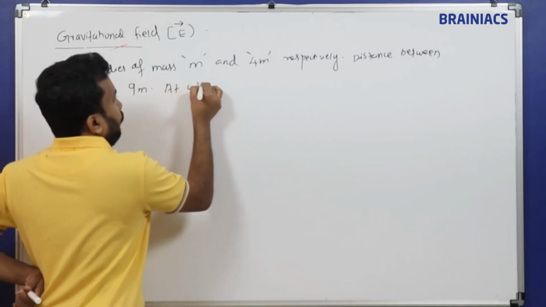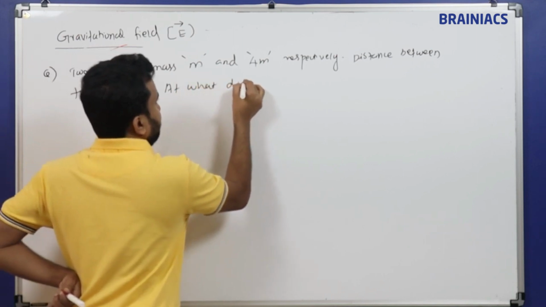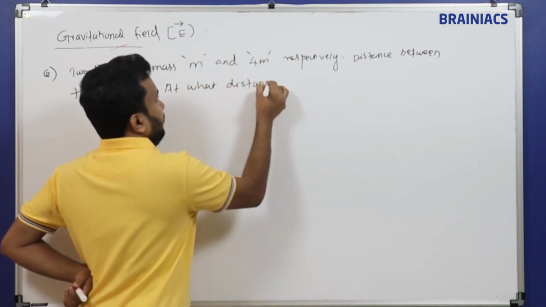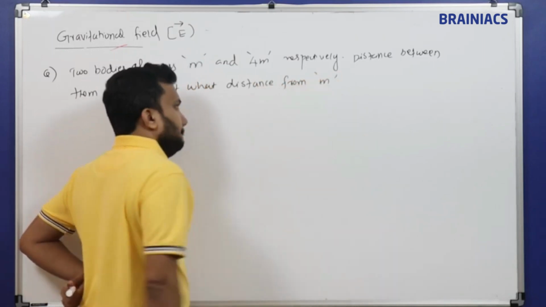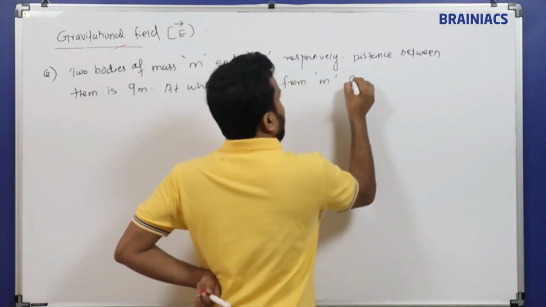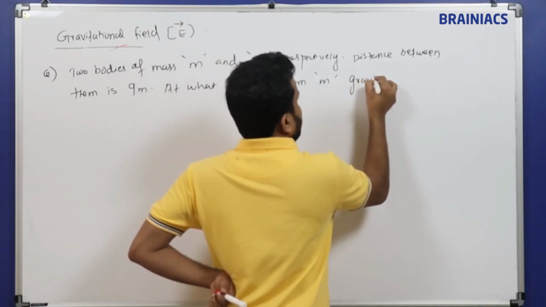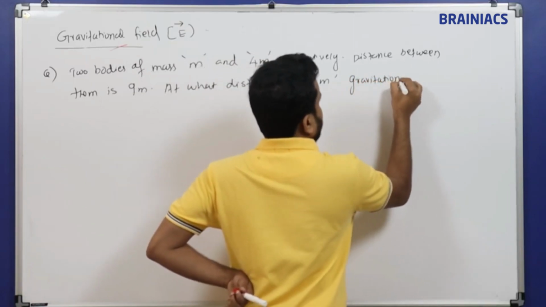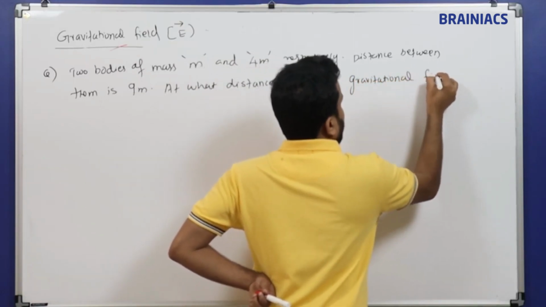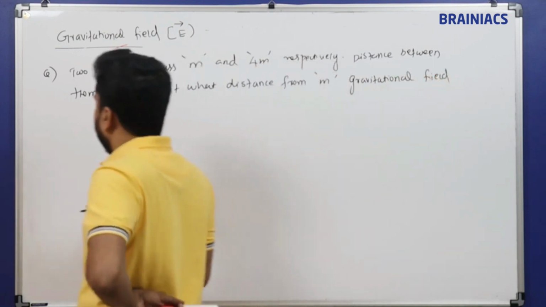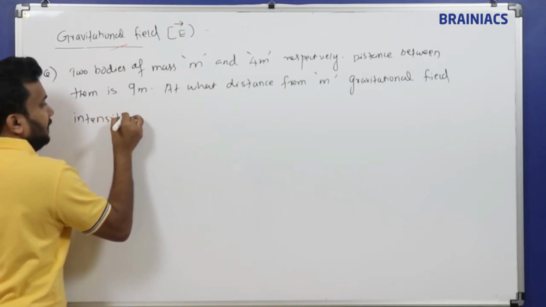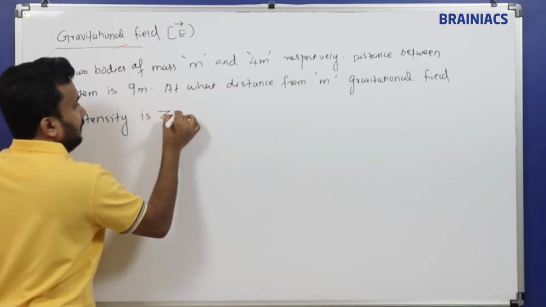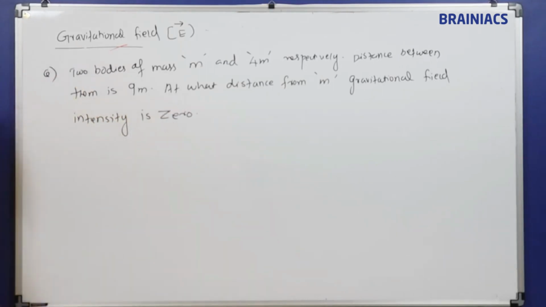At what distance from m is the gravitational field intensity 0?